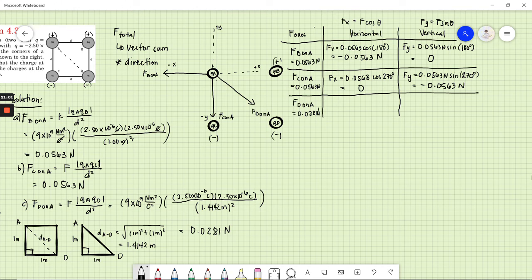What that tells us is we have to find its component in the x direction, and we have to find its component in the y direction. And as you can see, our Fx is going in the positive x direction. Our Fy is going in the negative y direction. And that also gives you a clue that our Fx should be positive and our Fy should be negative.